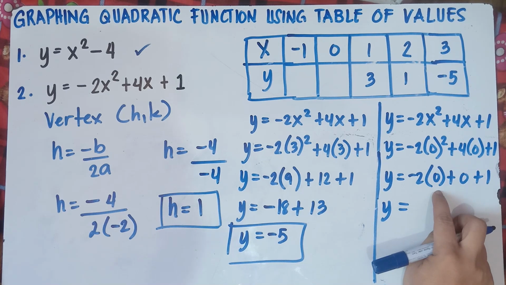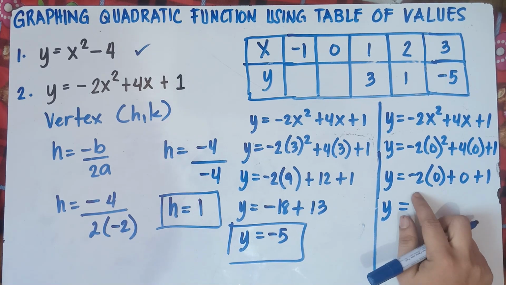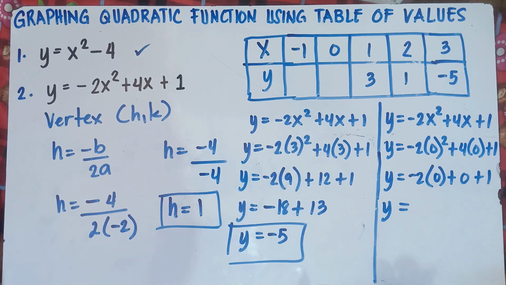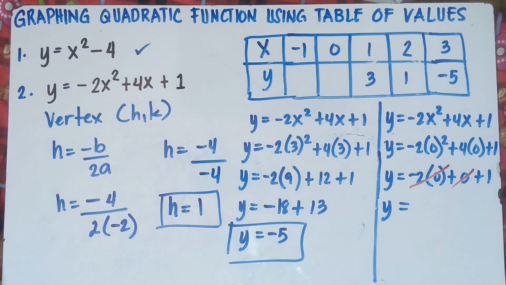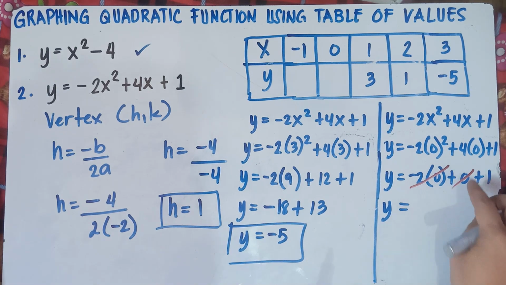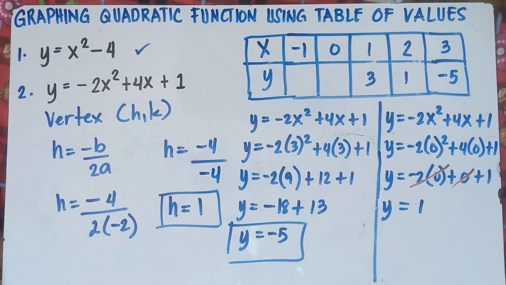So in this scenario, class, you can actually cancel this out. Negative 2 times 0: any number multiplied by 0, the answer is always 0. So we can just eliminate 0, and our final answer is positive 1, because any number added to 0, the answer is the number itself.